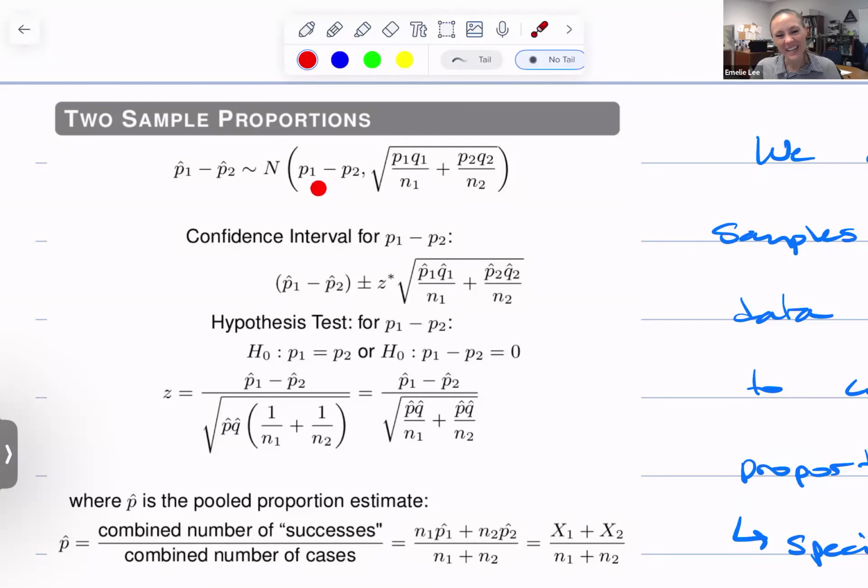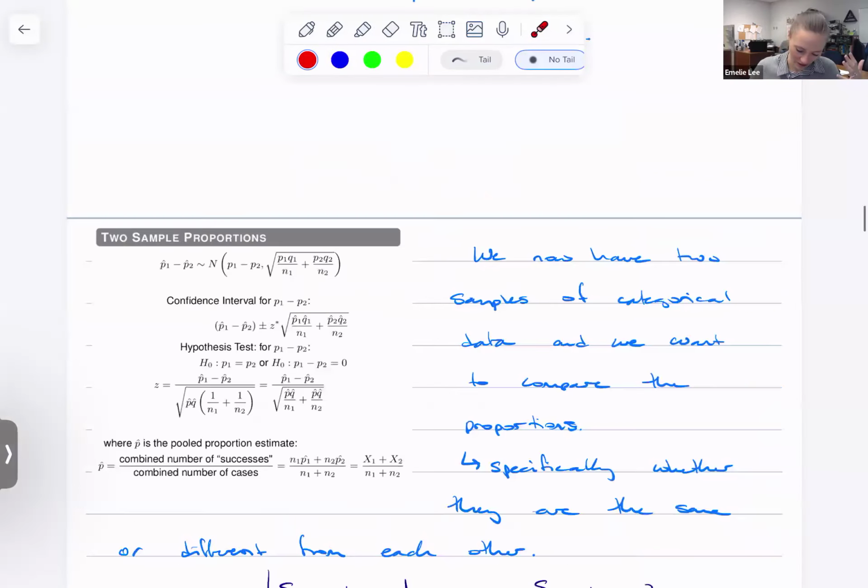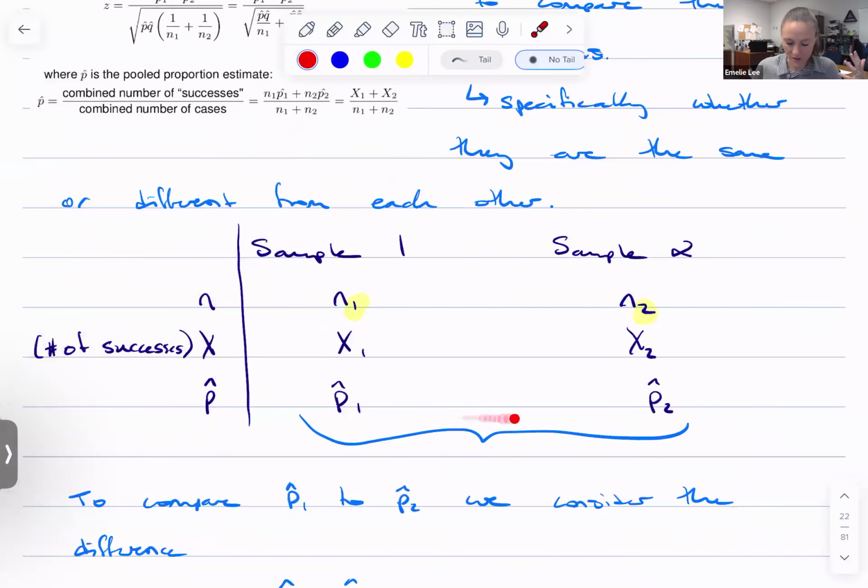And this big chunk, if we look at it, looks very similar to the square root of PQ over N, except now I have information from two places. And so now I have P1 Q1 over N1 plus P2 Q2 over N2. So that's nice. We have to incorporate all that sample information. There's no way around it. Now we have so much more information, and so our formulas are going to get a little bit bigger, but just keep track of which sample is which, and then you're good.